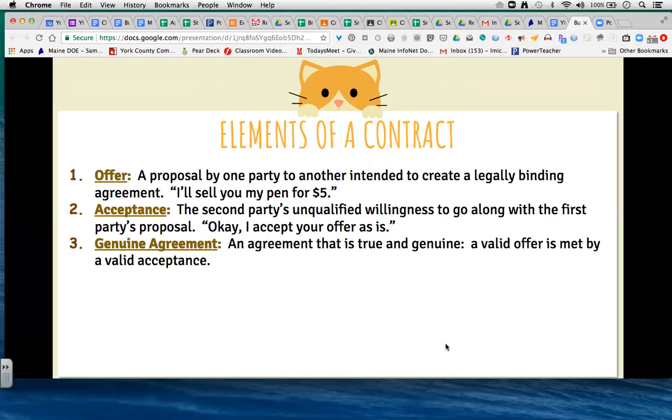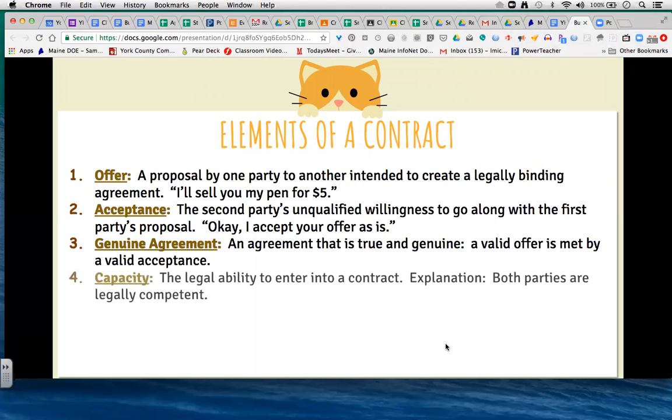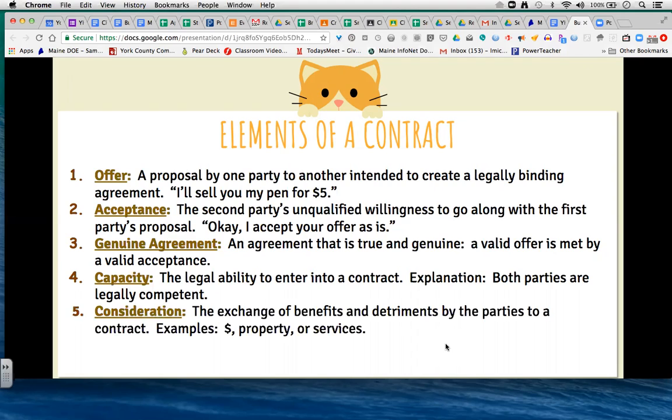3. Genuine agreement, an agreement that is true and genuine. A valid offer is met by a valid acceptance. 4. Capacity, the legal ability to enter into a contract. In other words, both parties must be legally competent. 5. Consideration is the exchange of benefits and detriments by the party to a contract.